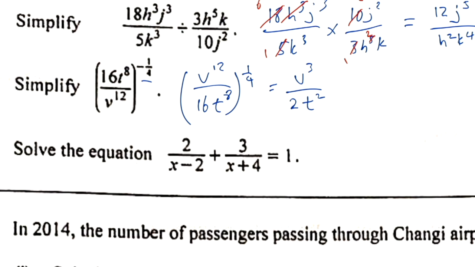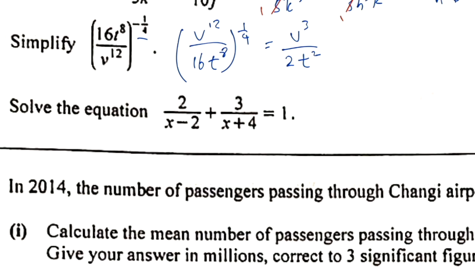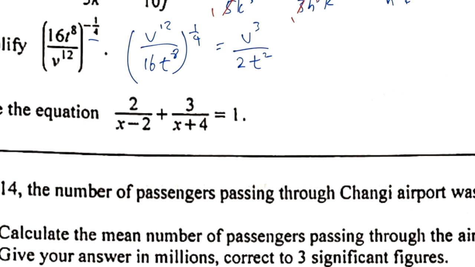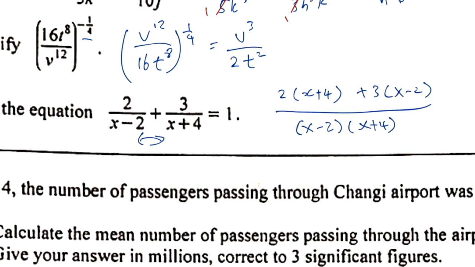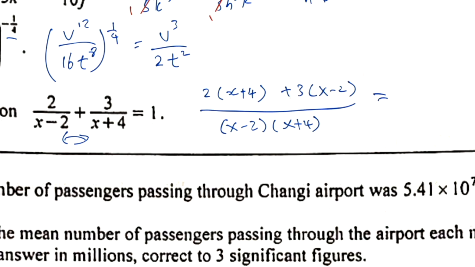Next, solve the equation 2 over x minus 2 plus 3 over x equals to 1. We just combine them. Just combine the two. That means you must find a common denominator. So common denominator, just use each of them, over x minus 2. Alright, so equals to 1.